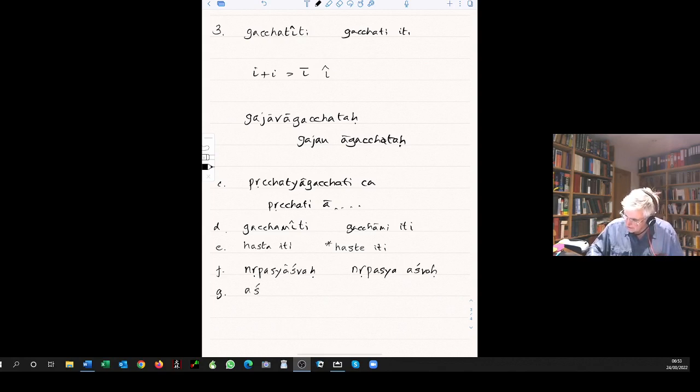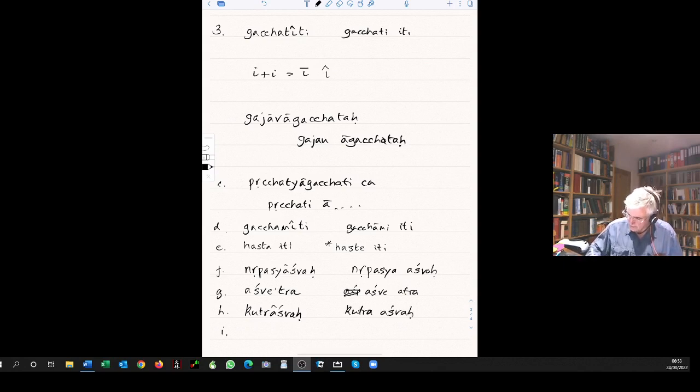So aśvetra resolves to aśve atra, on the horse here. H. Kutrāśvaḥ, where is the horse? Kutrāśvaḥ is resolved from kutra aśvaḥ.